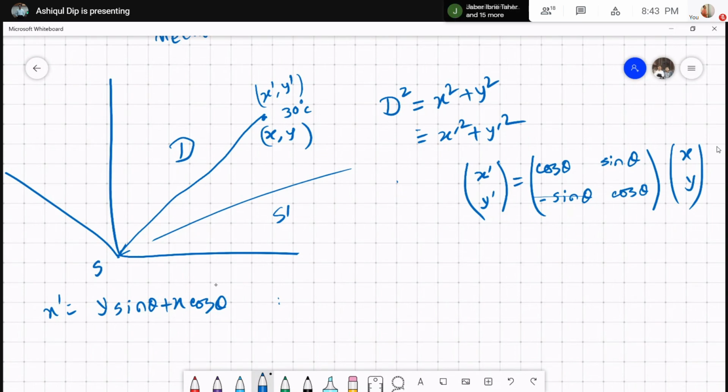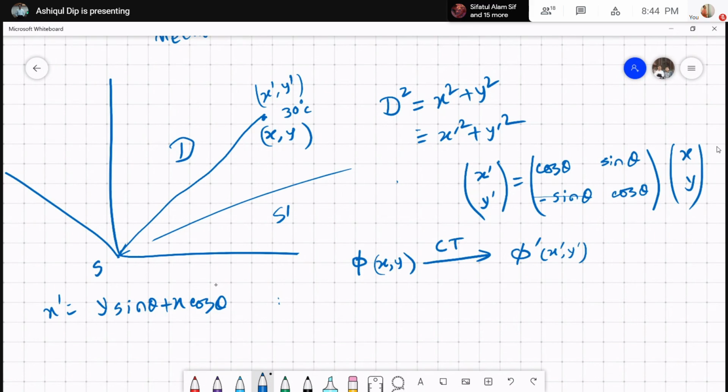Okay, so how do we define our scalar quantities? Consider we have a quantity phi, dependent on the coordinates x comma y, and it goes to some phi prime when you change the coordinate. By ct here we mean coordinate transformation. So this phi prime is now a function of x prime and y prime.